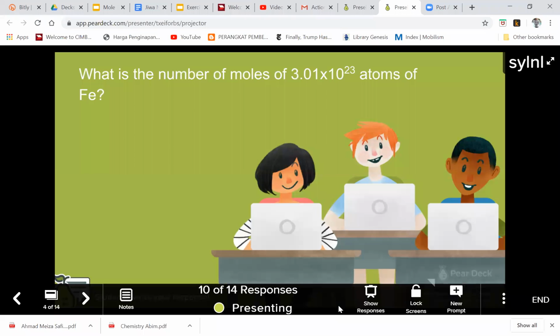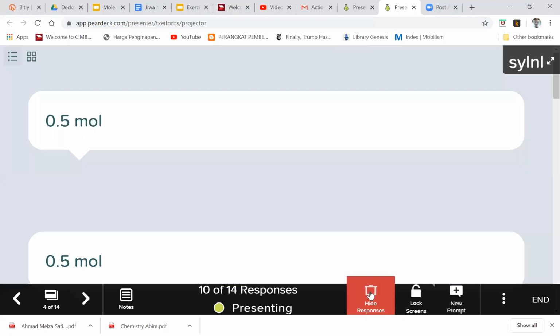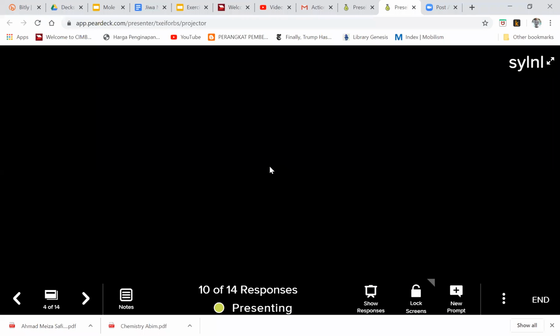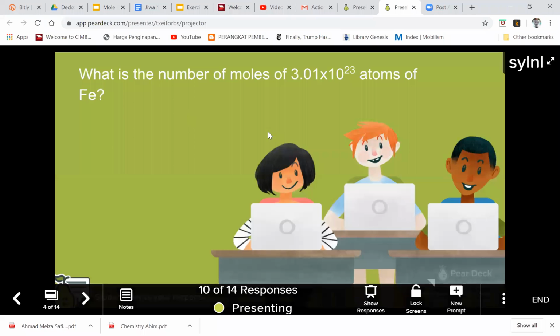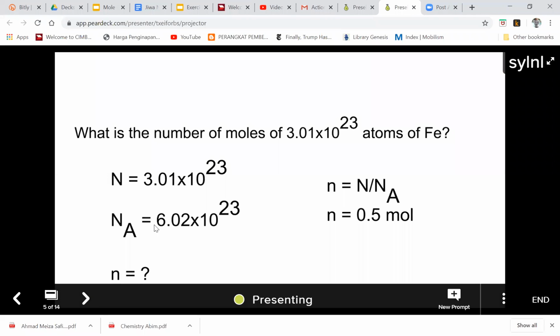What is the answer then? Most of you got 0.5 mole. Let's see how to find this. Yes, the answer is 0.5 mole. What's the number of moles of 3.01 times 10 to the power 23 atoms of iron?